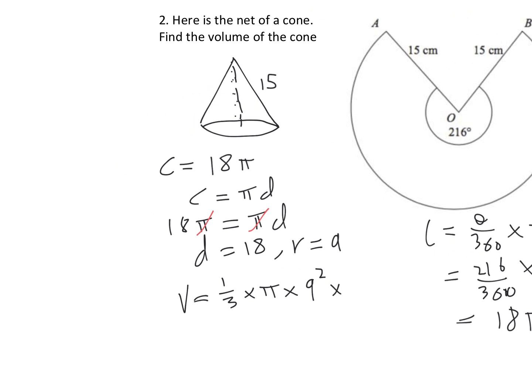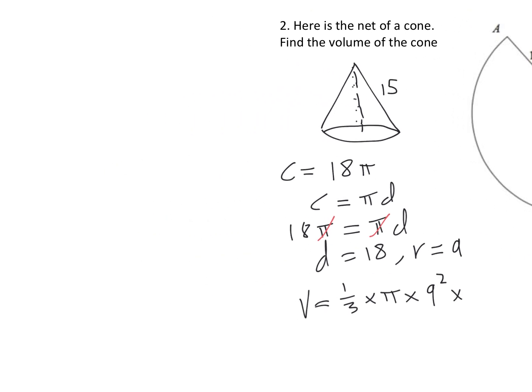Let's change our cone, which you do so often now. Every time you see a cone, you should always imagine a triangle as well. Its slant height is 15, and its radius is 9, so the base of that triangle is 9. So we can get the height from that. Let's call the height x.